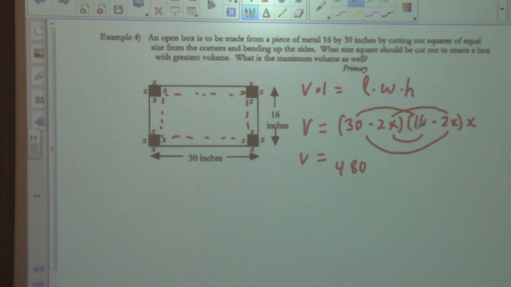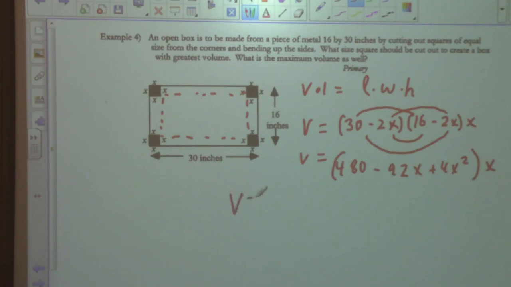And then minus 32x and minus 60x. So 32 and 60 is going to be minus 92x, right? And then we have 2x times negative 2x, which would be plus 4x squared. And the last thing we're going to do is multiply all this by x.